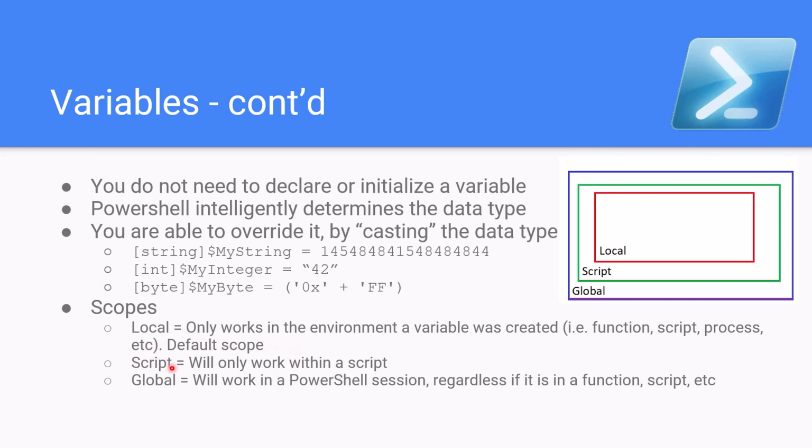A script will only work within the script, while global will work in a PowerShell session, regardless if it is a function, script, etc. So that's pretty much what we discussed going forward. So if you want to be explicit, you want to cast that particular scope. You can kind of think of it as a private and a public class if you're familiar with Java or anything like that.